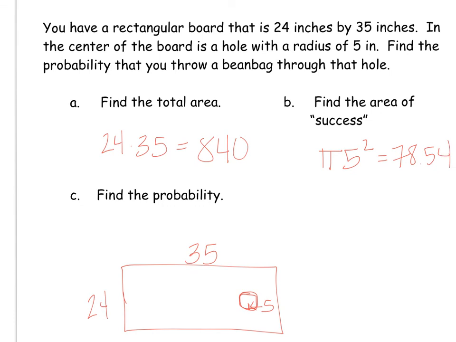We want to get it in the hole, so 78.54 all over 840. And that is my probability: the area of success over the total area.